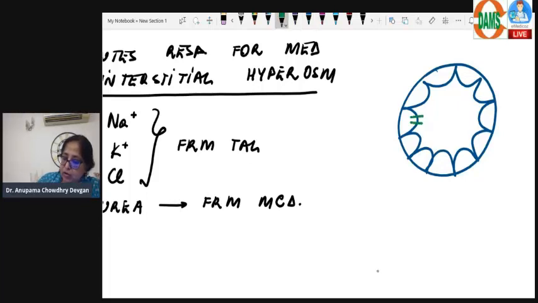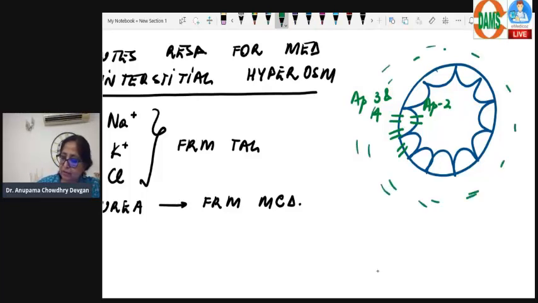Aquaporin 2 is on the luminal side. Aquaporin 3 and 4 are on the basal side. Here you have the interstitial fluid surrounding the collecting duct.